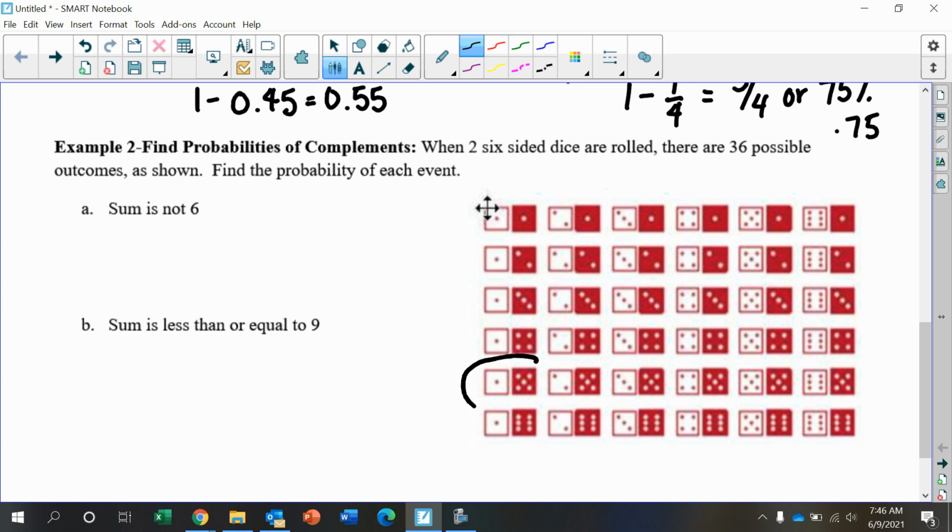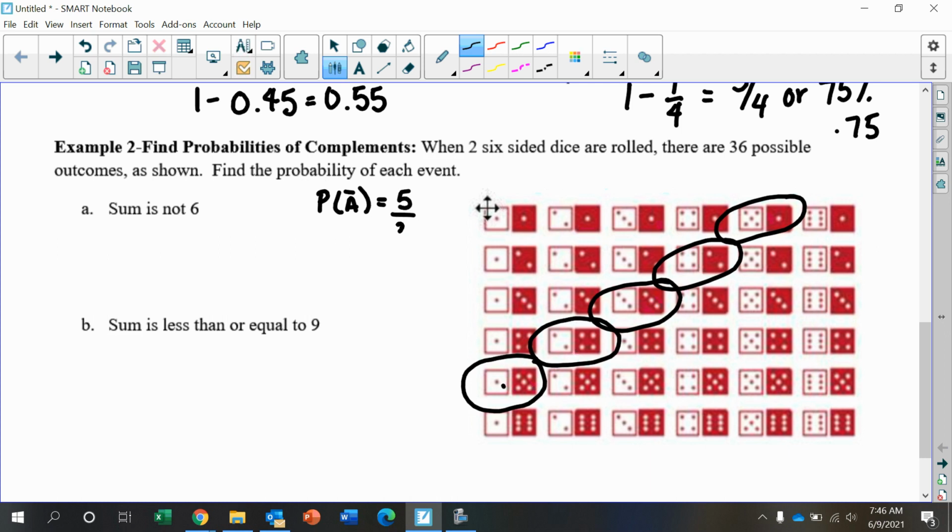So this is 6, and then anything diagonal would also be 6. So the probability of getting a 6 is 5 out of 36.